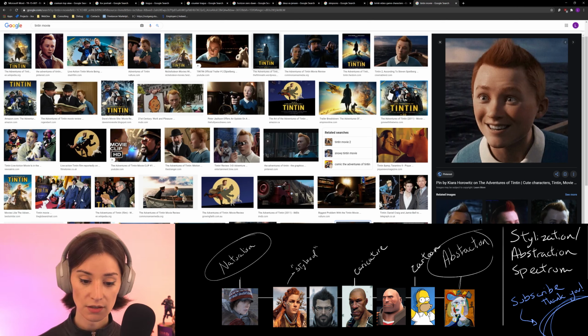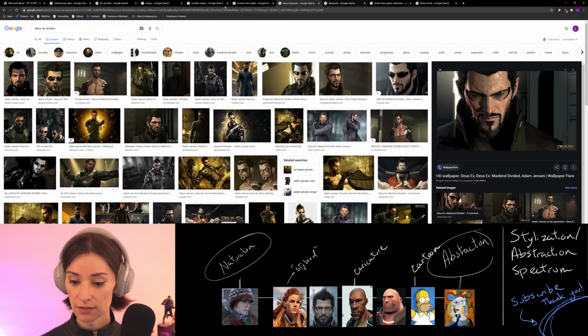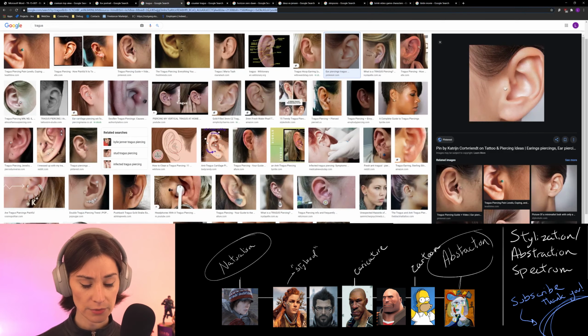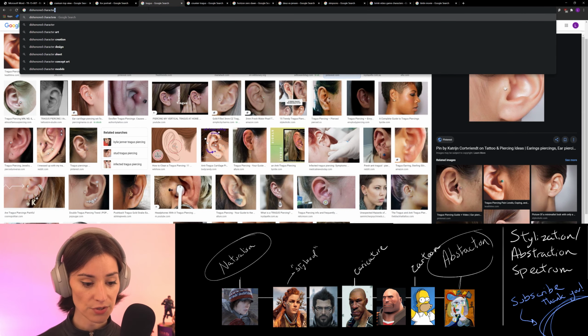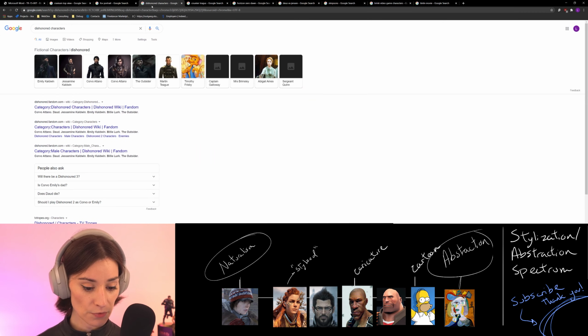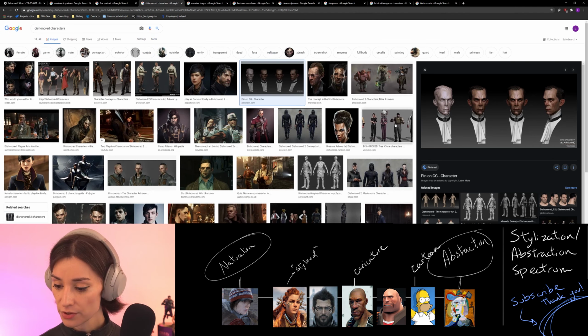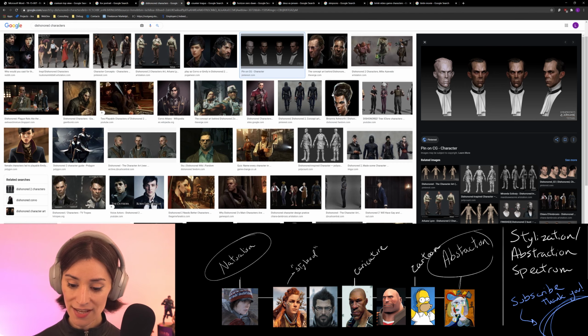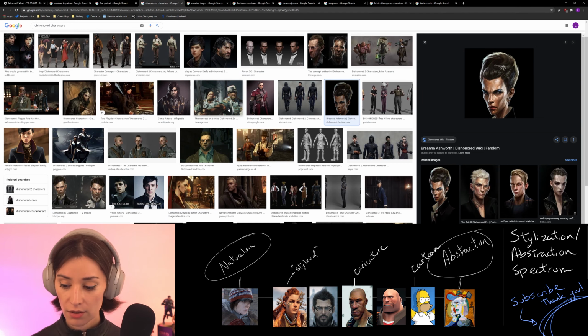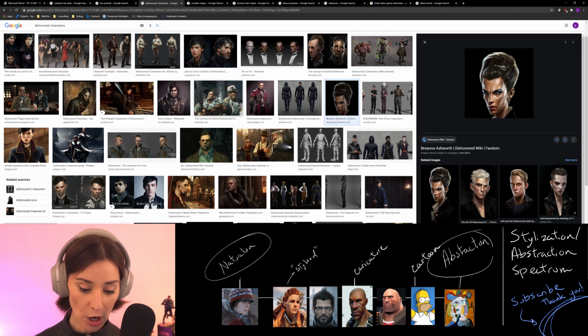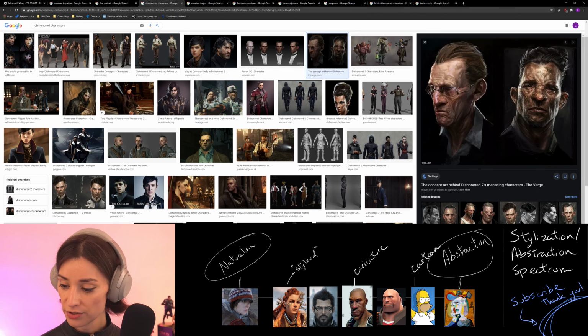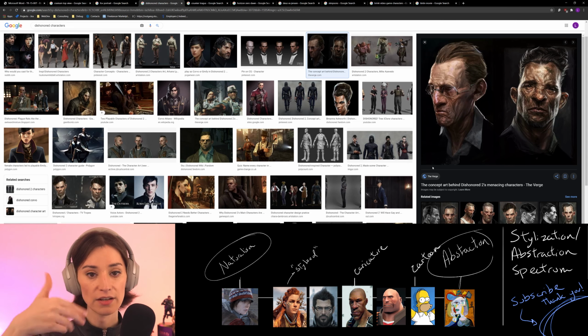Here's a few other examples of that. We were looking at Dishonored before, right? Dishonored is kind of the same thing. I'm not speaking here about what's happening with the bodies, because I haven't properly thought of that before. And certainly there too there is some stylization happening, some exaggeration to the primary volumes, but not nearly as much as there is exaggeration happening to the secondary and the tertiary volumes.